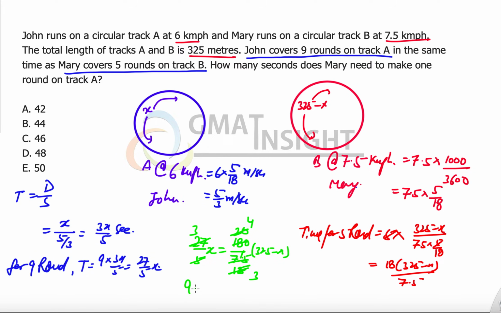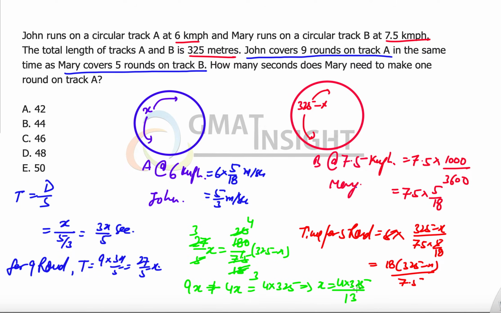So we have 9x is equal to 425. That means plus 4x also will come, is equal to 4 multiplied by 325. That means x becomes equal to 4 multiplied by 325 divided by 13.